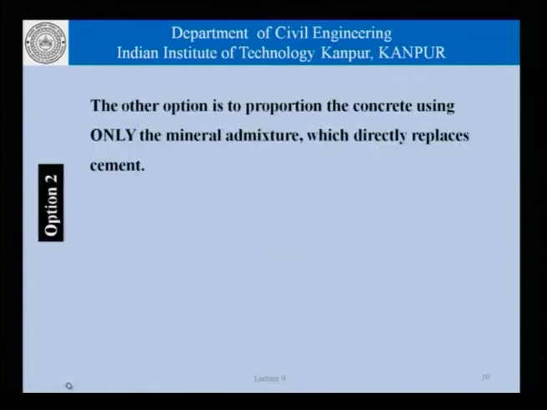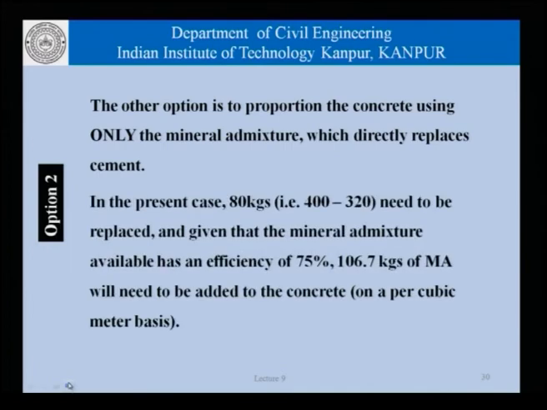Now, let us look at option 2. Option 2 says use only the mineral admixture and replace the cement directly. In other words, instead of using 400 kgs of cement, which give us a certain strength, we use only 320 kgs of cement, plus we use a certain amount of mineral admixture, in order that the strength still remains Y, the same strength is achieved.